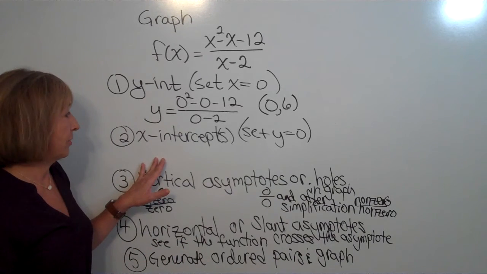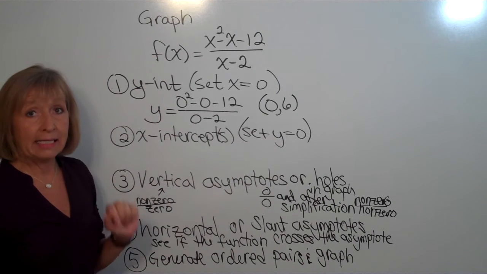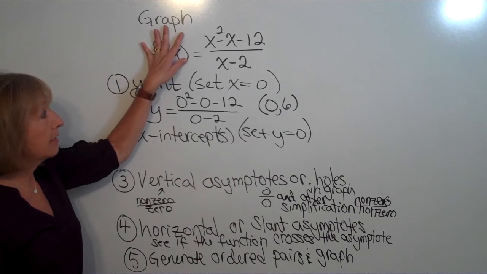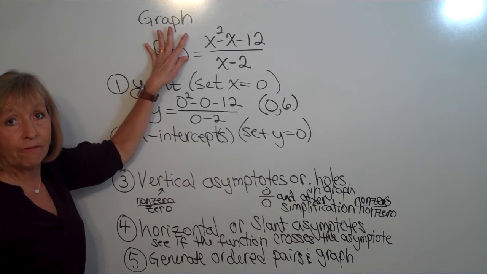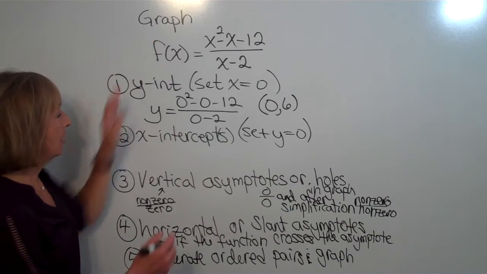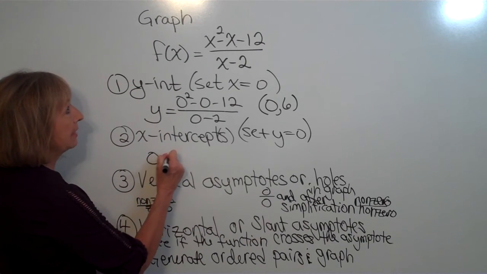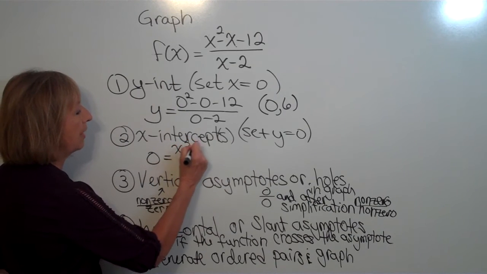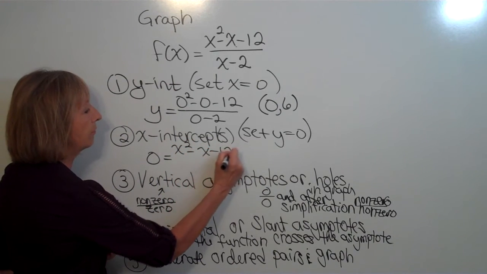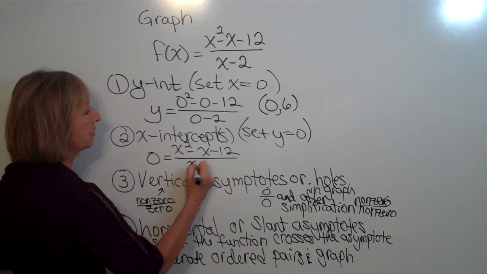Next up, the x-intercepts. I set y equal to 0. So I go back to the original function. Again, f of x is just another name for y. So I write this as 0 is equal to x squared minus x minus 12 over x minus 2.